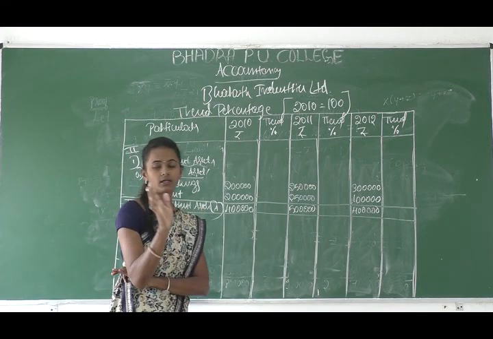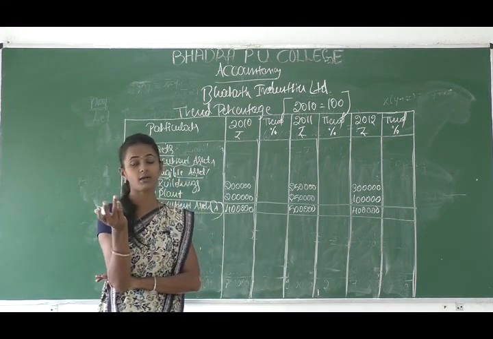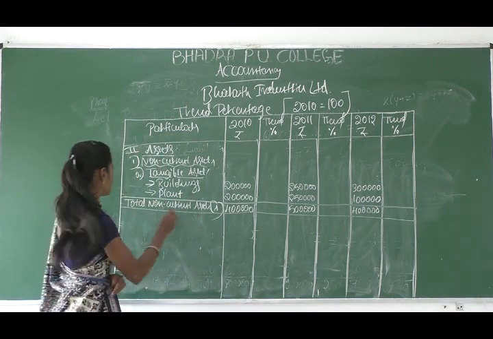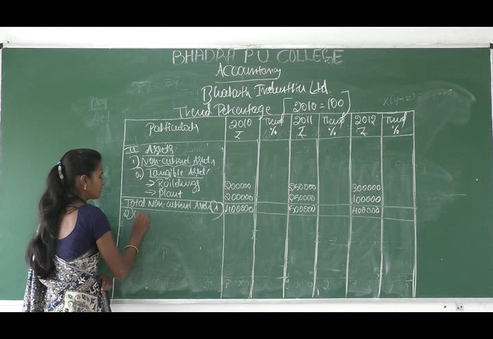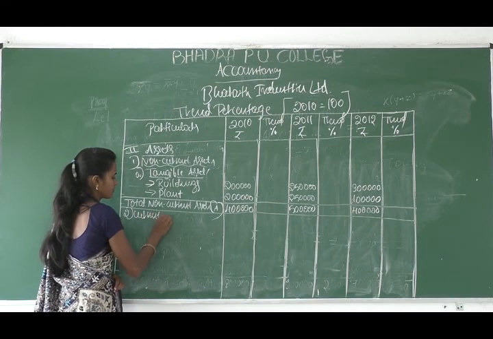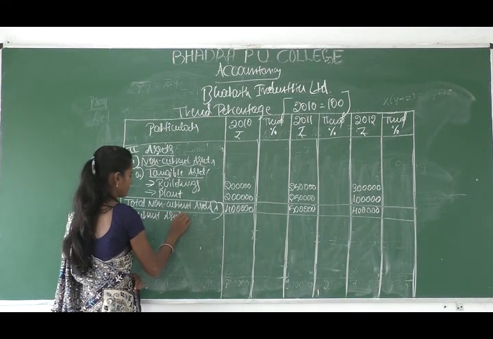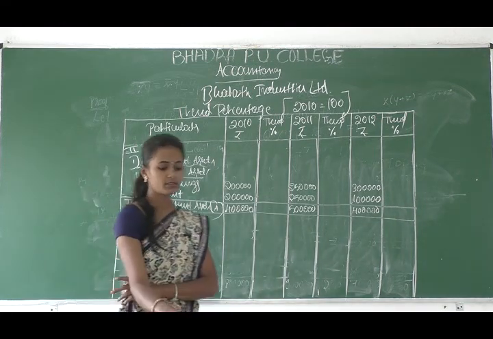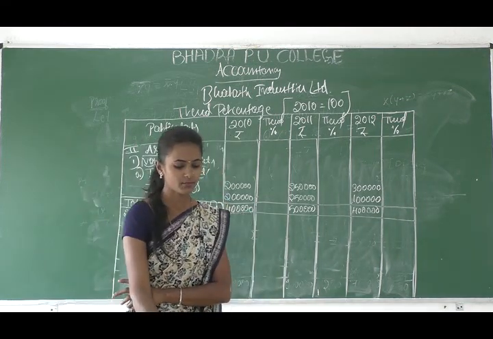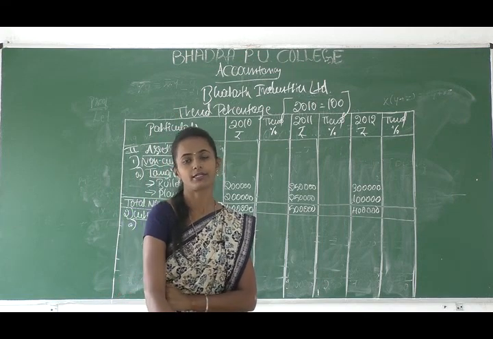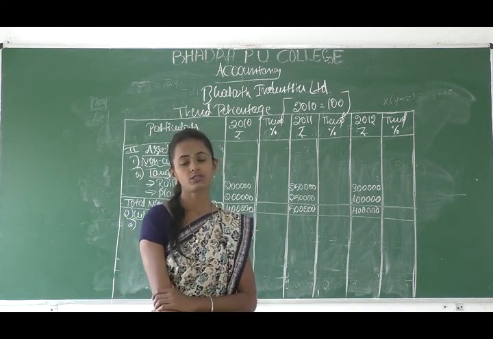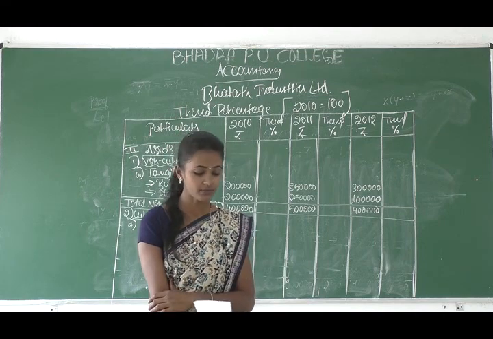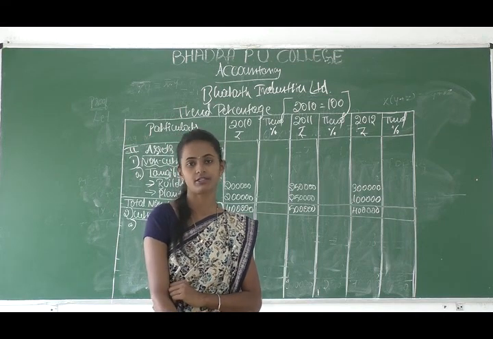Again go back to your format. The second item under assets is current assets, okay. So I am taking your second one, current assets, okay. So under current assets, the first item is current investment, okay. In the case of this question we don't have any type of investment, so for that reason just leave it. And the second item is inventories, okay.